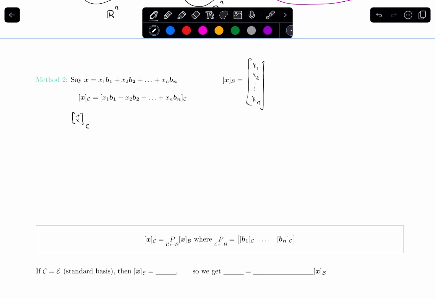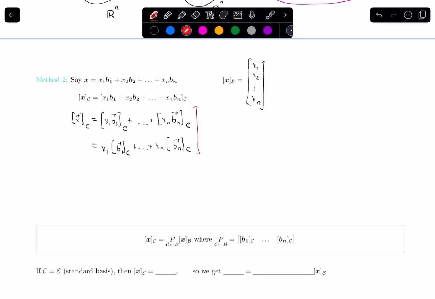On the right-hand side, I'm going to use the linearity of this c coordinate transformation to split it up as the coordinate vector of x1b1, plus ... plus the coordinate vector of xnbn. I'm going to apply linearity one more time to pull these weights out in front. So x1 is multiplying the coordinate vector of b1, plus ... plus pull the xn out in front, that's multiplying the coordinate vector of bn.